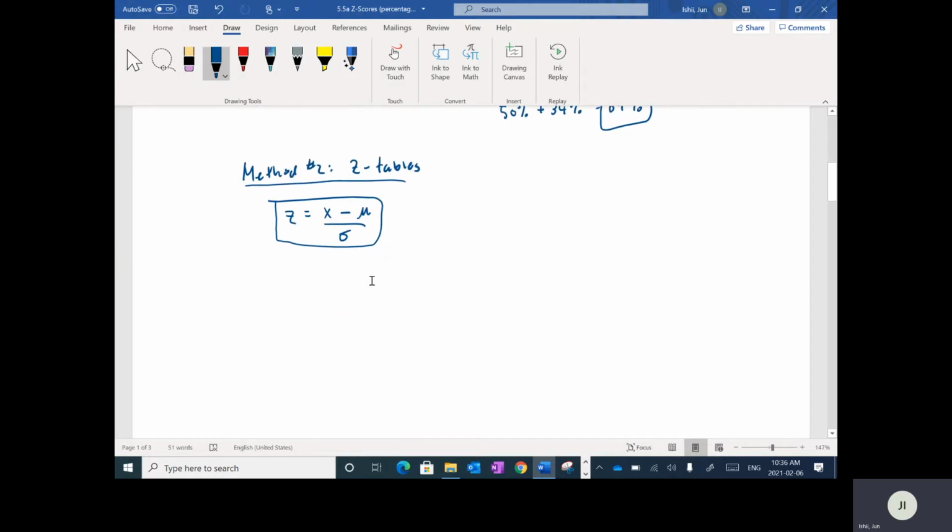All right, so anyways, step 1 is we want to convert the measurement, which was 74 inches, into a Z value. All right, so using this formula, Z is going to equal, my X is 74, because that's the measurement we're looking for.